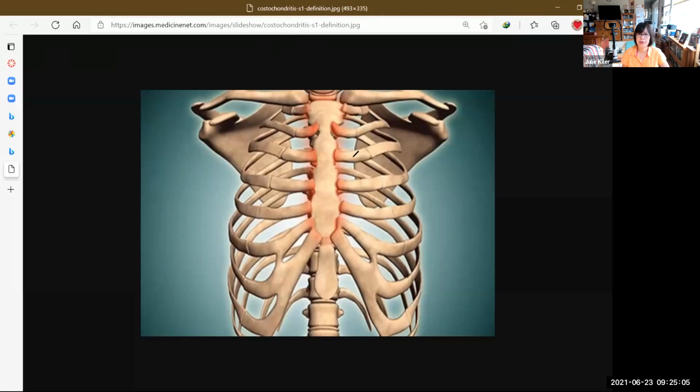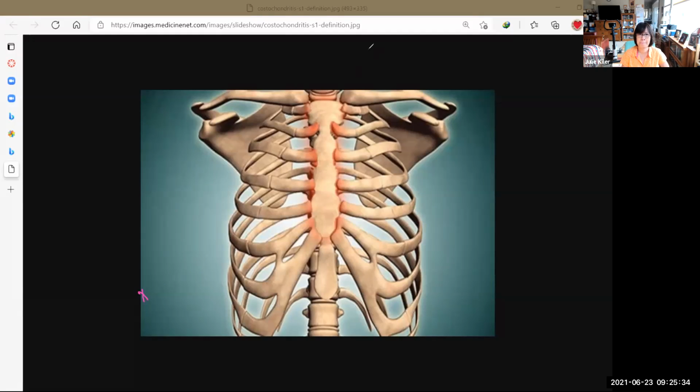So this is the sternum, right? What is this again? We did talk about it yesterday. Put it in the chat. This is the body, the corpus of the sternum, the manubrium. And what is this? Start with X. Yes, xiphoid process.